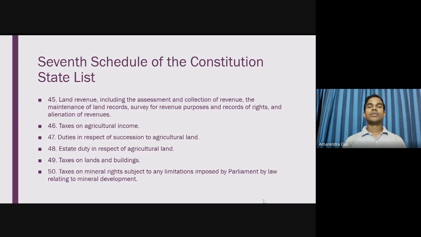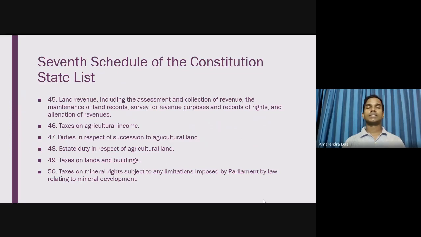Now, the revenue raising powers of the state government are described in the seventh schedule of the constitution, that is in the state list. We had discussed that in the previous video, that the seventh schedule of the constitution talks about the union list, state list, and the concurrent list.